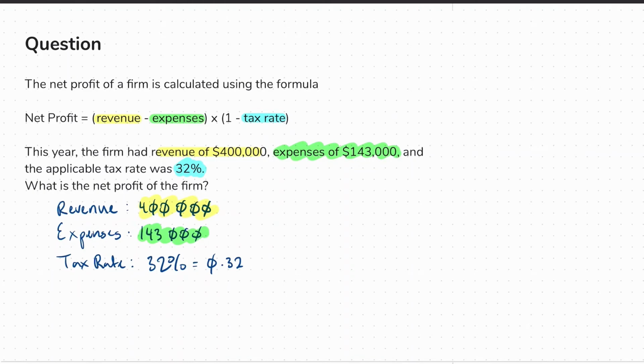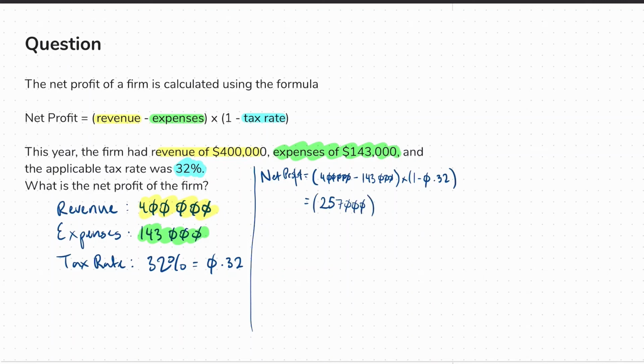So putting this all together, and I'm going to put it together over here. The net profit is equal to revenue, which is 400,000, minus expenses, which is 143,000, times 1 minus 0.32, which is 400 minus 143, 257,000.